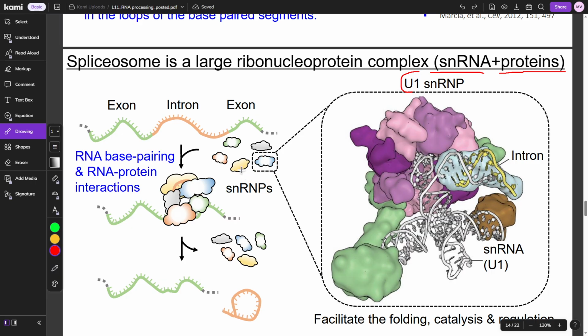But there's 1, 2, 3, 4, 5. There's 5 in this picture alone, right? But there's hundreds of them, thousands of them, right? And they all have these little sections of snRNA that are able to bind to parts of the intron.